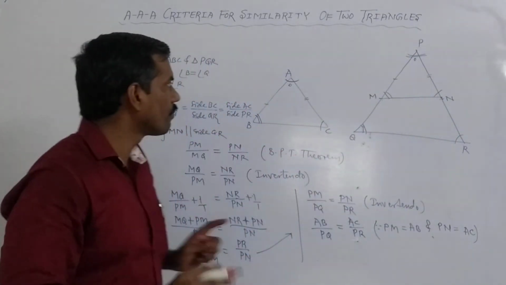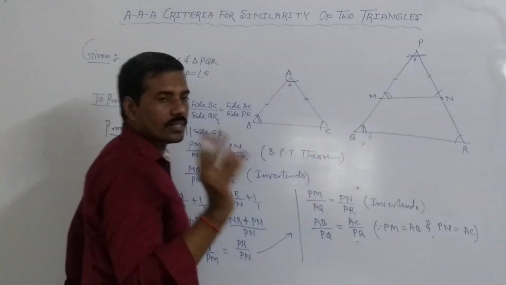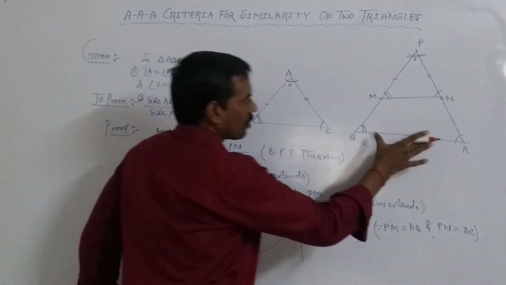Similarly, we can prove that AB upon PQ is equal to BC upon QR.